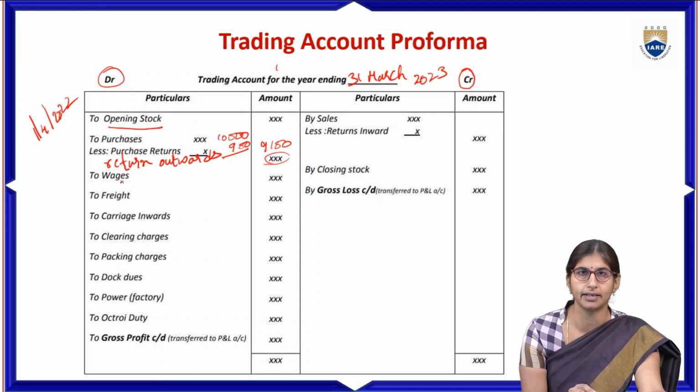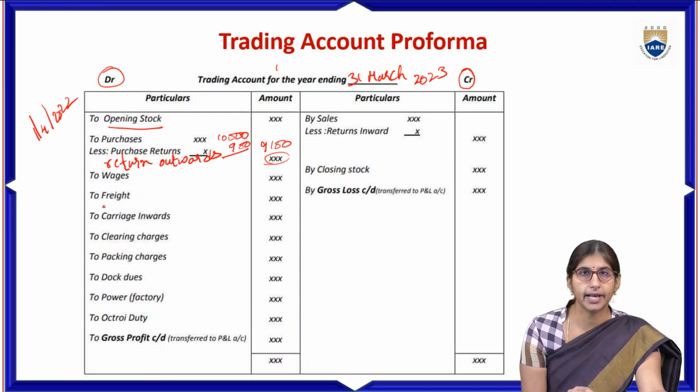All the factory related, manufacturing related items are covered in the trading account. So wages come under the trading account because all the labor is involved in converting the raw material into finished product. Wages is an expenditure, so we are going to write it on the debit side. So wages is another item on the debit side of the trading account.